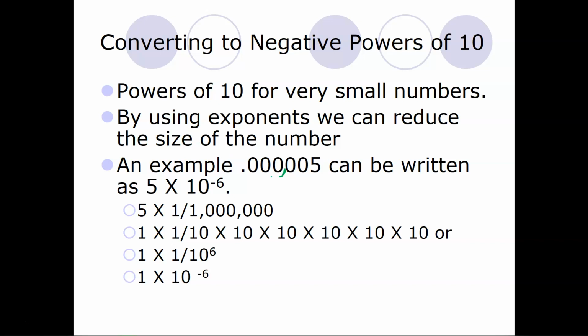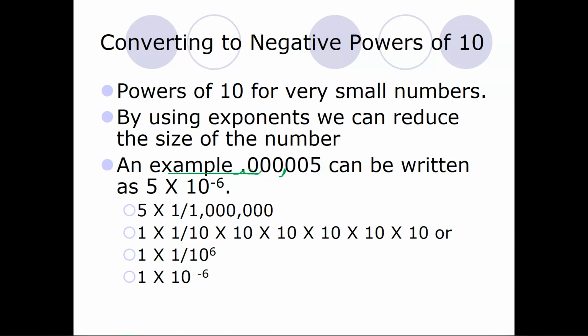So the way they got 10 to the 6 is they took the decimal point, and whenever I move it forward, that means I am getting positive exponents. However, when I move it this way, my exponents become negative. Okay?